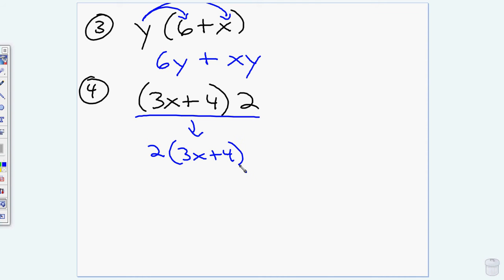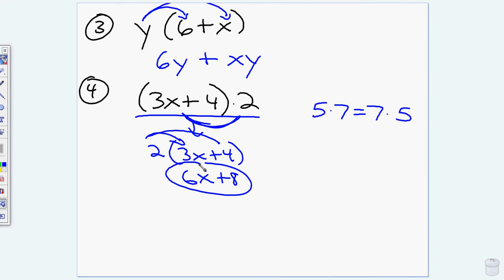And the reason that we can do that in math is because of a property we learned earlier in the year called the commutative property. Remember this? 5 times 7 is the same thing as 7 times 5, isn't it? So that allows me to switch my order. Now it's just like what we've been doing. So this will be 6x plus 8. With subtraction, we cannot switch order.